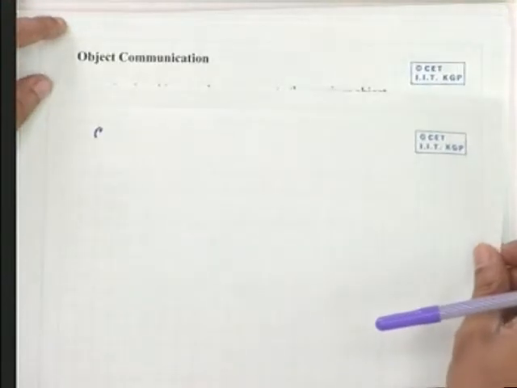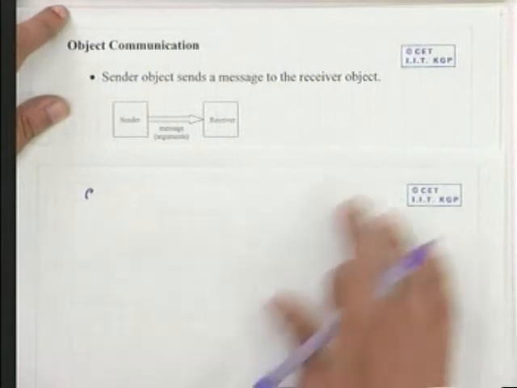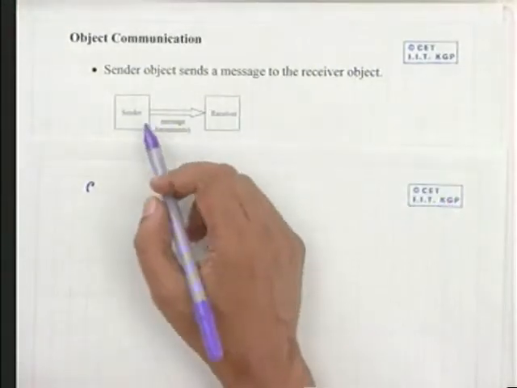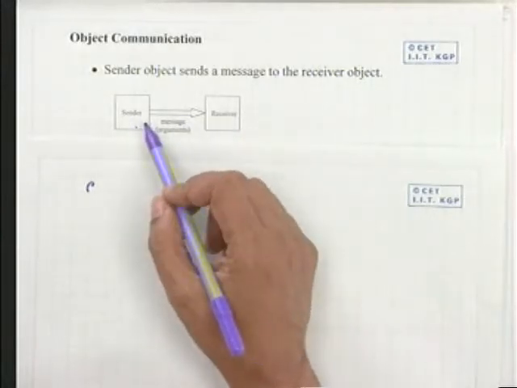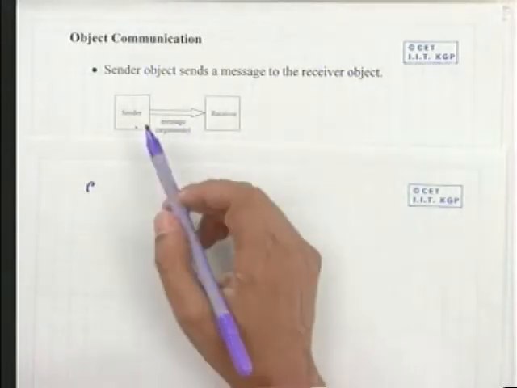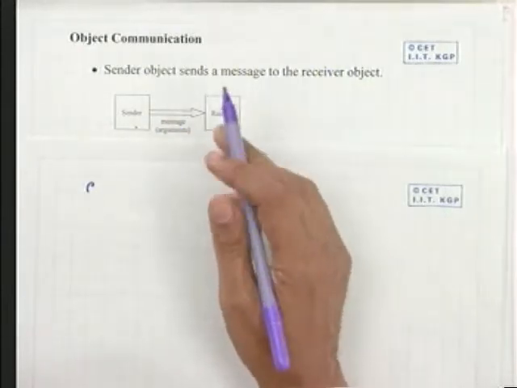Now, we can think that we have two objects, say the sender object and the receiver object. When the sender wants to send some message to the receiver, we should be able to define what the type of this message is, what this message is about, and who the sender and who the receiver is.